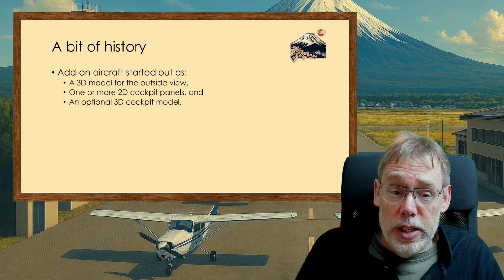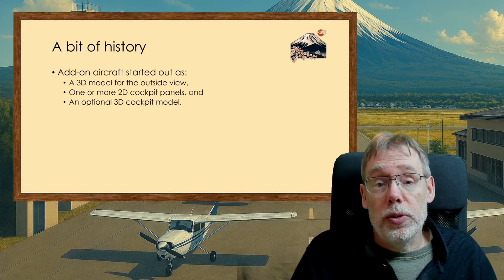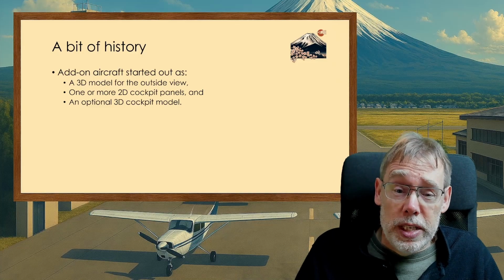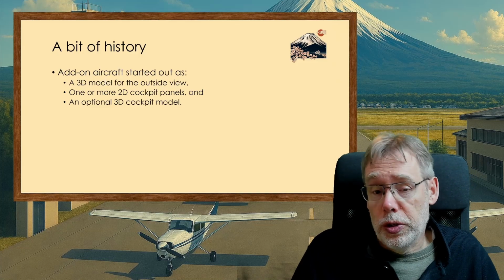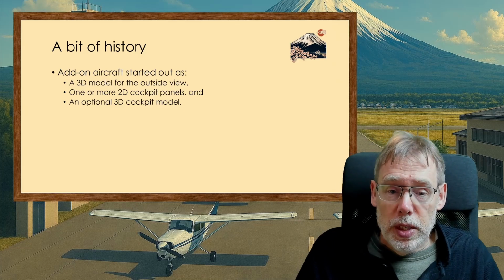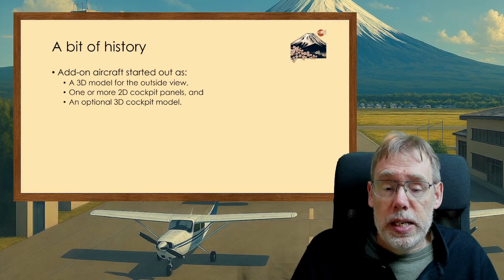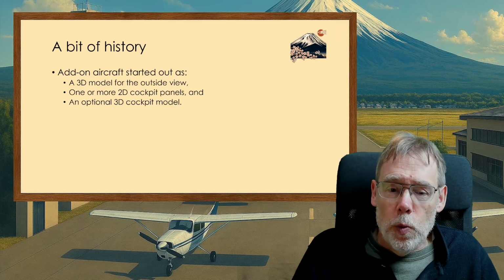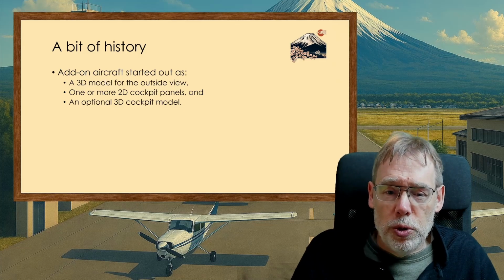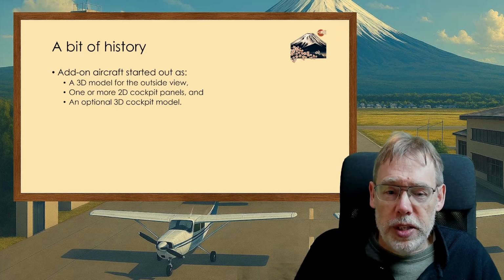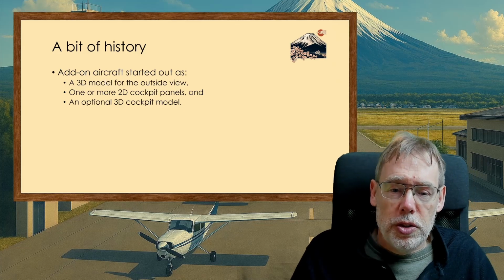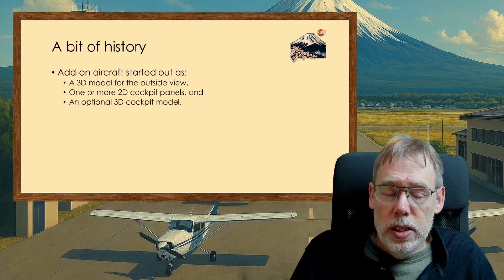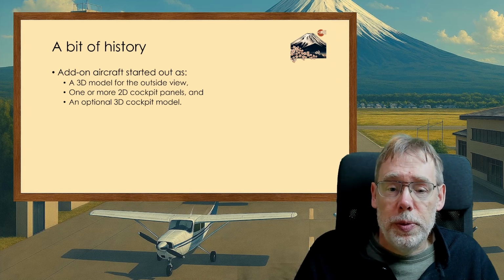They generally had a 3D model for the outside view, and then 2D cockpit panels for the so-called 2D cockpit. This is simply the limitation, because 3D was there, but to give a real cockpit where you could interact with it was still out initially in the earlier versions of Flight Simulator.